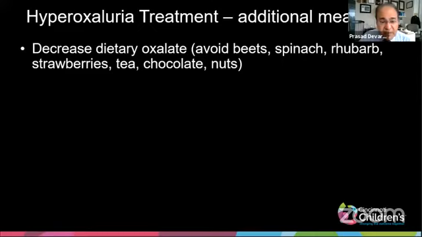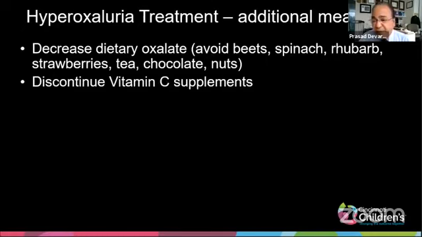For specifically hyperoxaluria, we tell them to stop or decrease dietary oxalate. Yeah, when you tell children to avoid beets and spinach and rhubarb and tea, they're okay with it. But when I tell them to decrease chocolate, they say, doctor, I'm not going to come and see you anymore. Big problem.